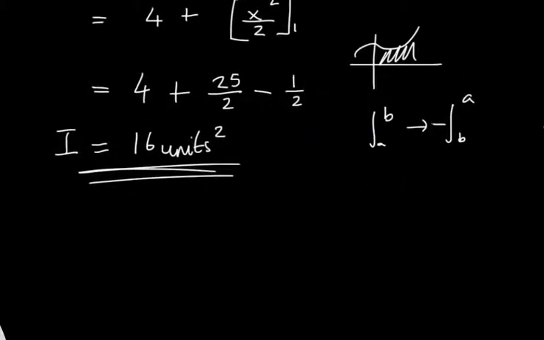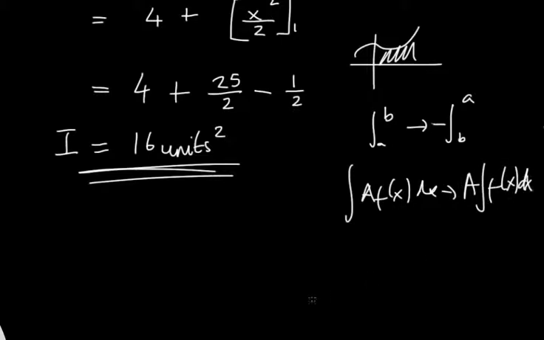The other relationship that we used was that if you have a constant inside of the integral, you can just put it outside. It's exactly the same as putting it here, right?